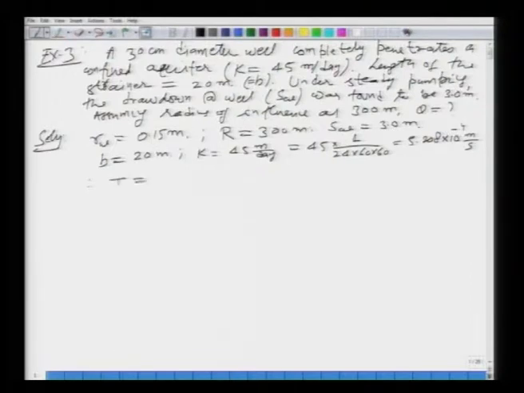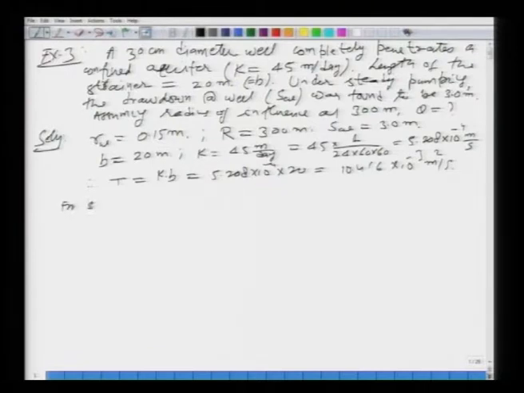And you can calculate the capital T, which will be K times B, and it is 5.208 times 10 to the minus 4 we just found out, times 20, B is 20. So, it will be 10.416 times 10 to the minus 3 meter square per second. So, you can do these computations fairly easily.